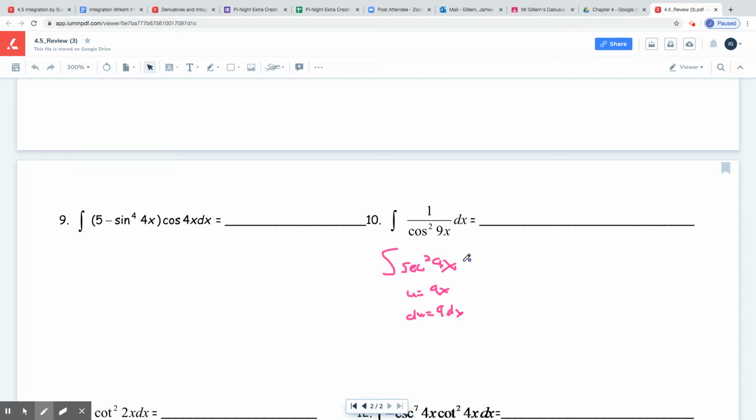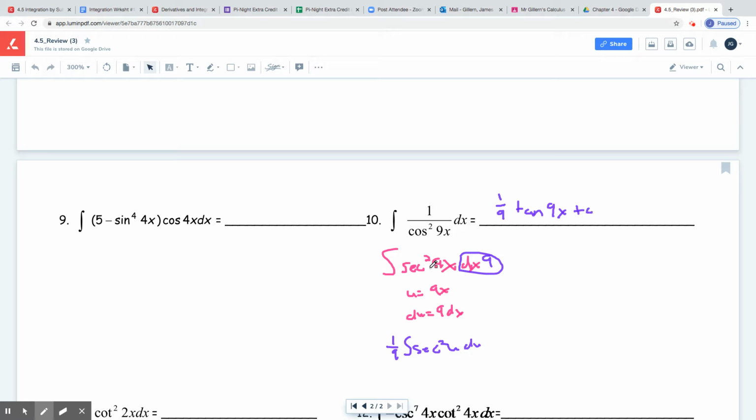Whoops, there should be a dx here. So you have to add the 9 in. 1/9 integral of secant squared u du. The integral of secant squared is tangent. So it's 1/9 tangent u, which is 9x plus c.